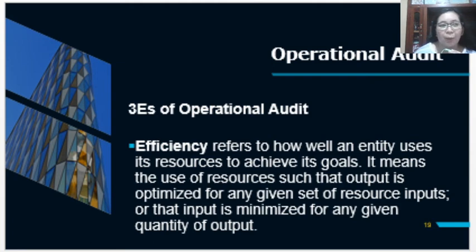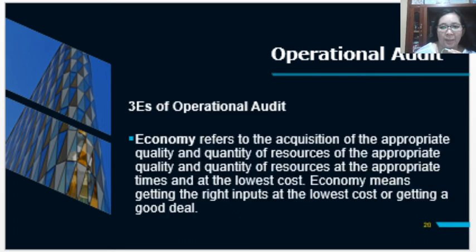Or in simple words, when we say efficiency, this is using a small amount of input and generating more output. That is what we mean by efficiency. Although you have been given small or limited resources, you are able to produce more. Okay, that's how efficiency is.